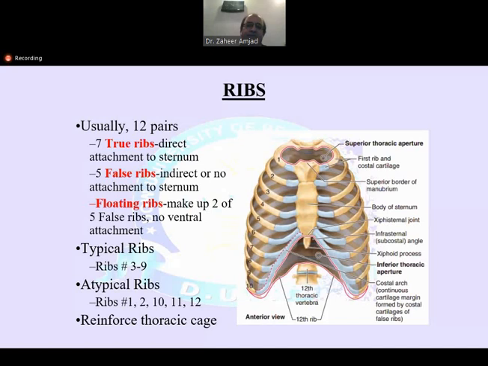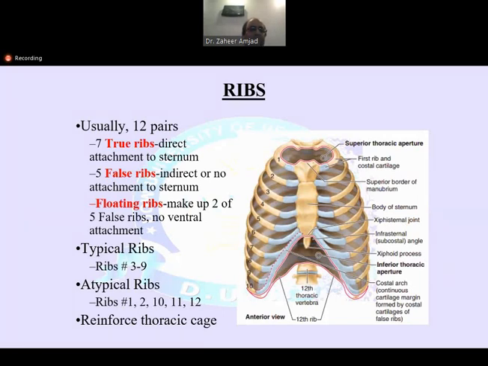Then the 8th, 9th, and 10th are joined to the cartilages of the upper ribs. They are false ribs. And the 11th and 12th ribs do not join the sternum neither directly nor indirectly. They do not join with it at all. So they are called floating ribs. They lie within the musculature of the abdominal wall.